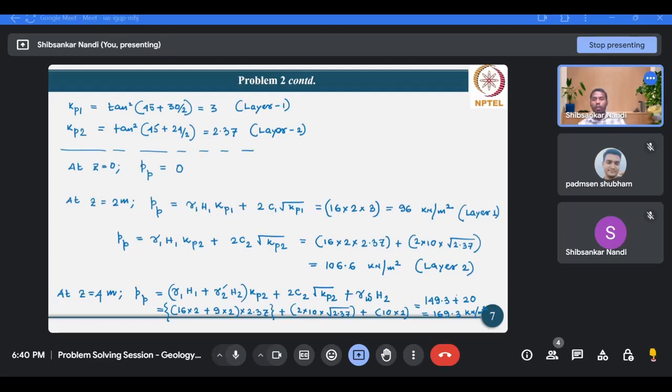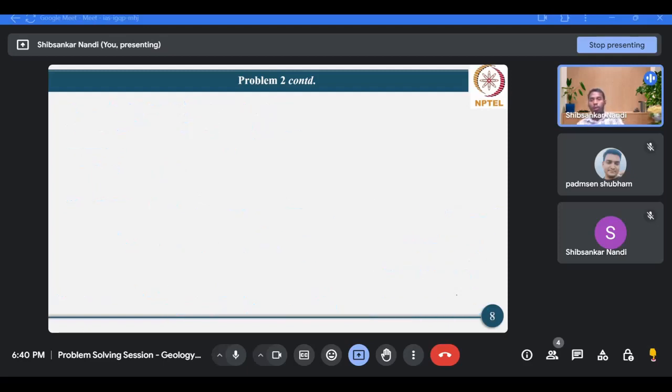Now we'll draw the passive earth pressure distribution diagram. So this is the retaining wall, this is 0, this is 2 meter, and this is 4 meter.